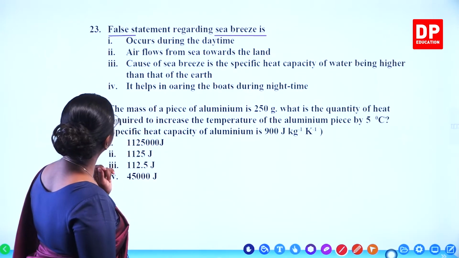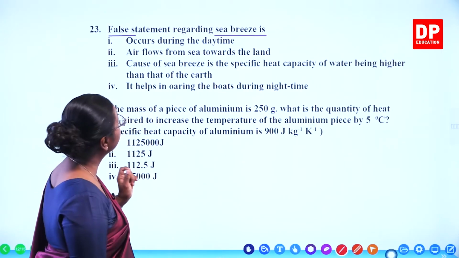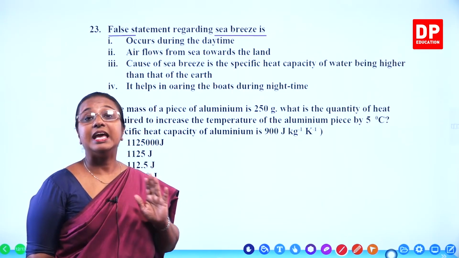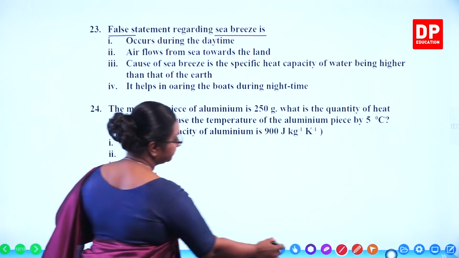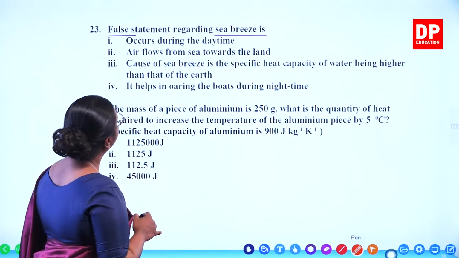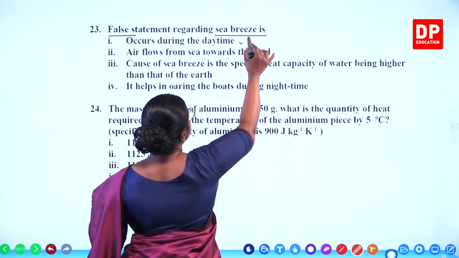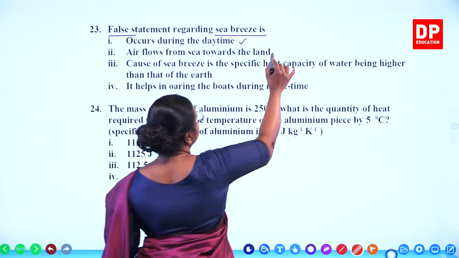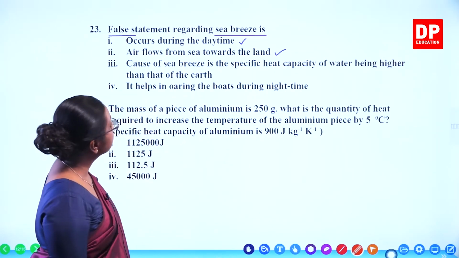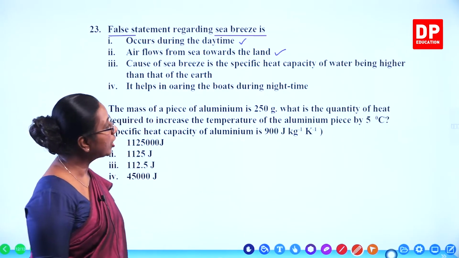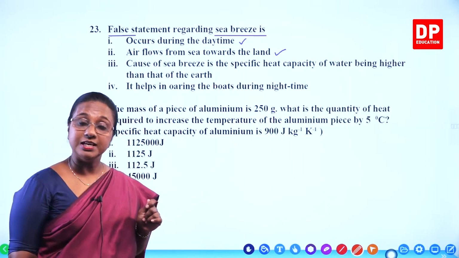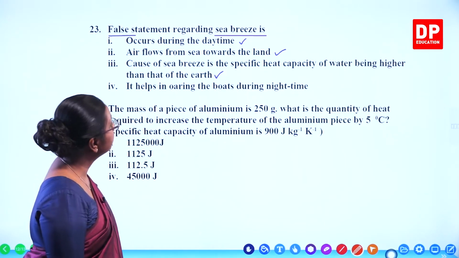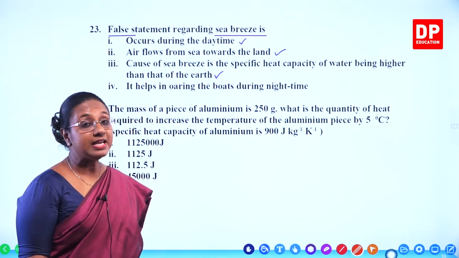So here the question is about the false statement regarding sea breeze. Sea breeze occurs during the daytime. So if we look at the answers, first one, occurs during the daytime, that is correct. Air flows from sea towards land, that is also correct. Cause of sea breeze is the specific heat capacity of water being higher than that of the earth, that is also correct. It helps in oaring the boats during night time, that is not correct.